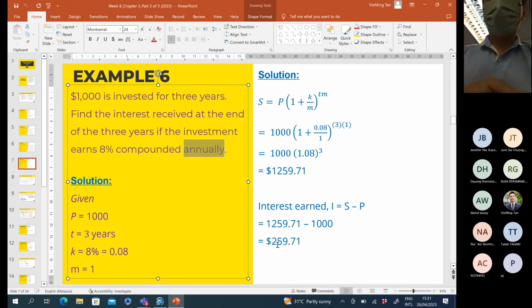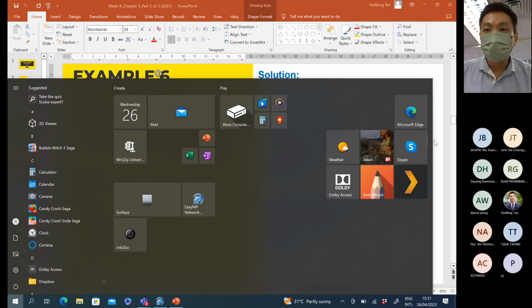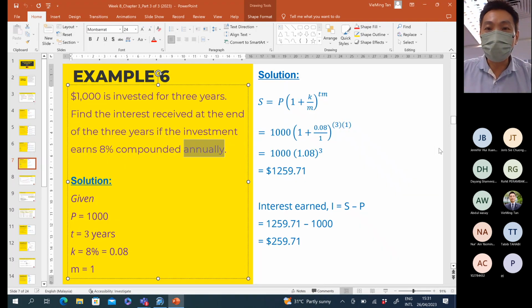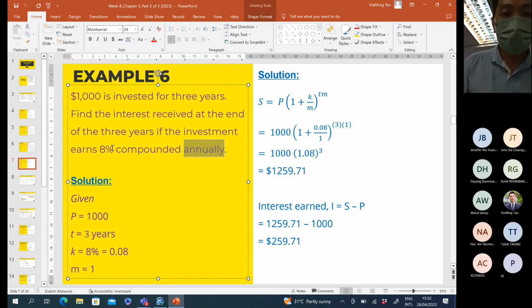Some students now may ask, can we use the formula that we learned last week, I is equal to PRT, to get the value of interest directly? No. Why? Because for compound interest, the interest calculation is not only based on the principal, but also on the interest earned from the previous period.